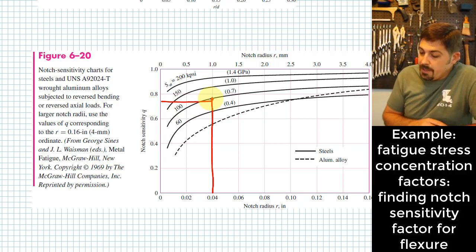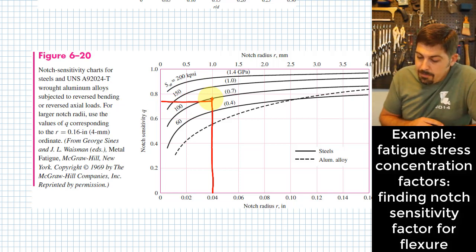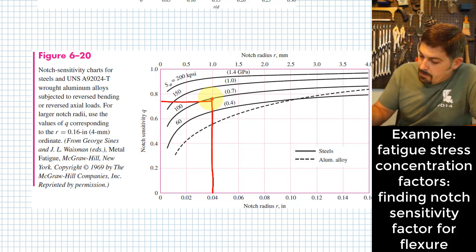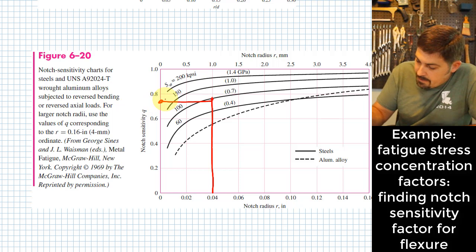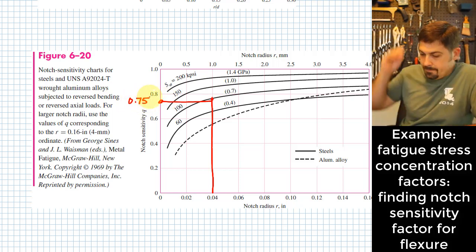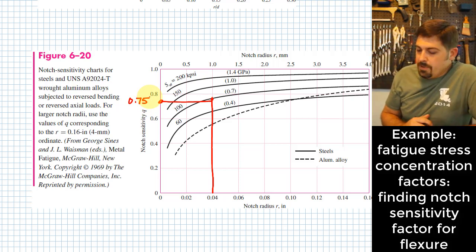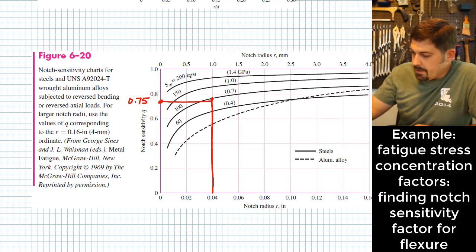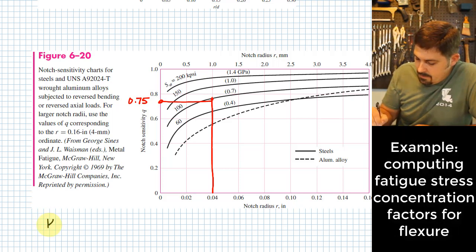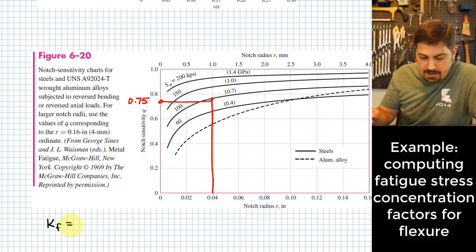I may not have drawn that super straight, but I think we wound up probably not too far off. And I'm just going to say that this is close enough to say that this is 0.75. Okay, well, once I know that that is 0.75, the process of finding K sub F is the same as we did before, same structurally anyway.